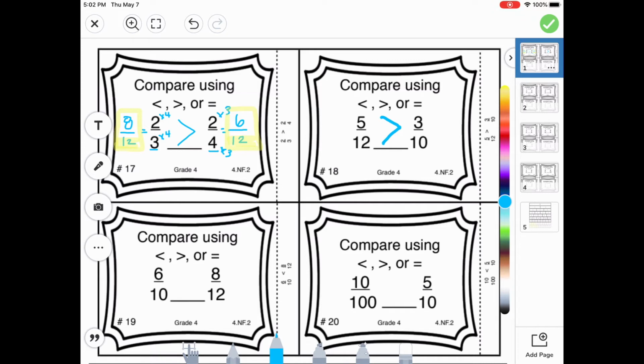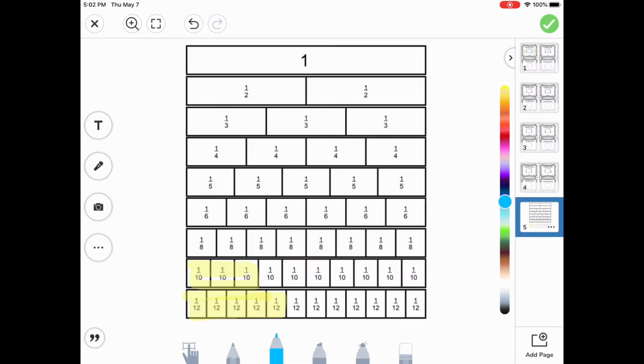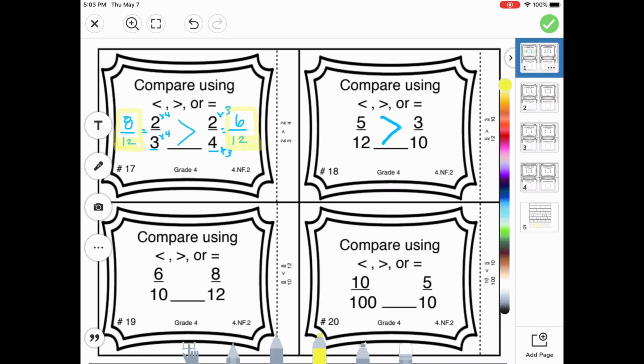The next problem, 6/10 and 8/12. I can see that 8/12 is worth a little bit more than 6/10, so 6/10 is less than 8/12.